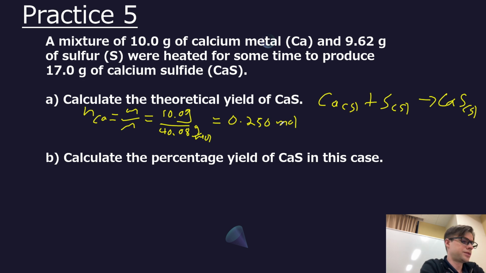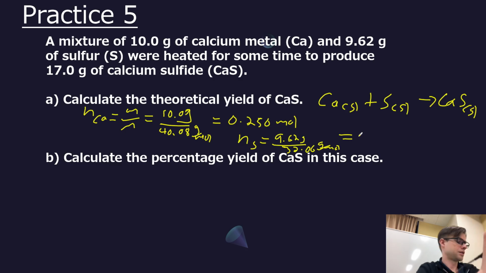And then we'll need to do the same for sulfur. Moles of sulfur equals mass over molar mass. We've got 9.62 grams divided by 32.06 gram per mole. Okay, that comes out to 0.3.